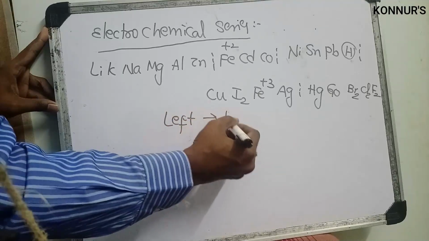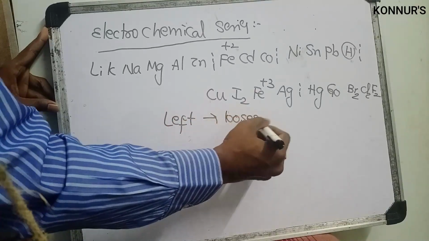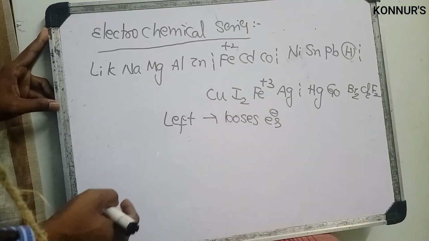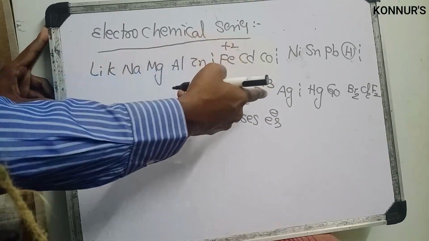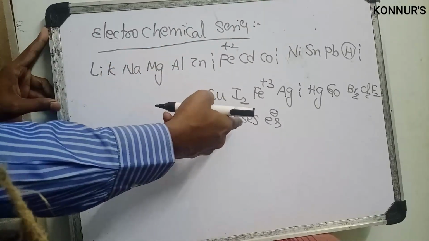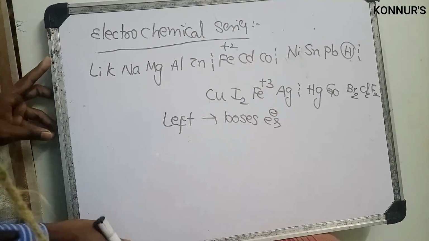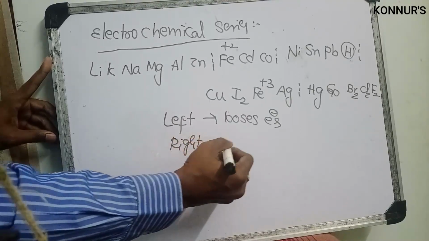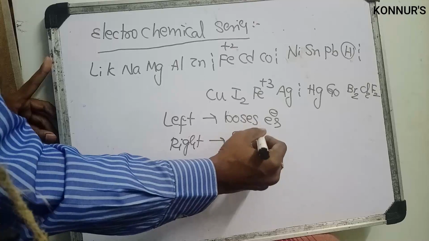The left one loses electrons. Loss of electron is called oxidation. Of these two, the left one acts as the anode. Next, the right side one gains electrons.